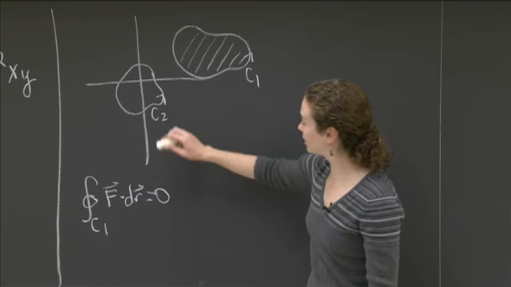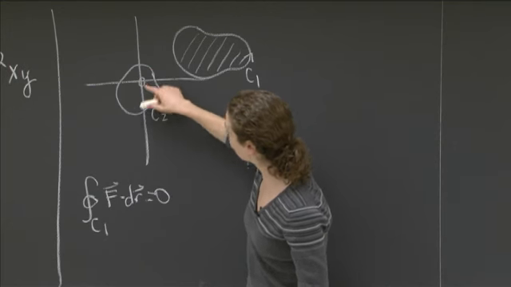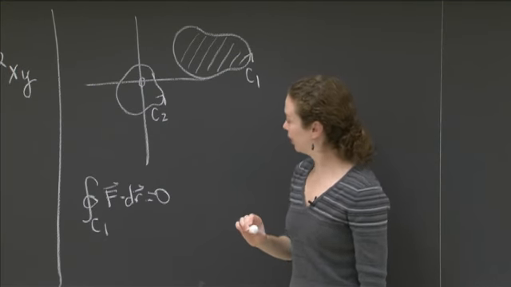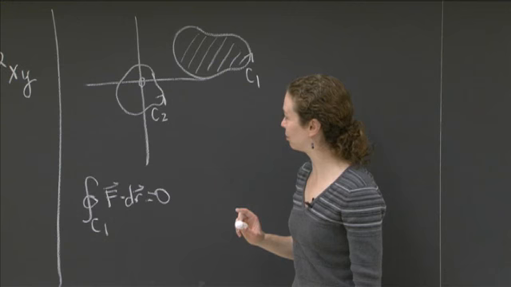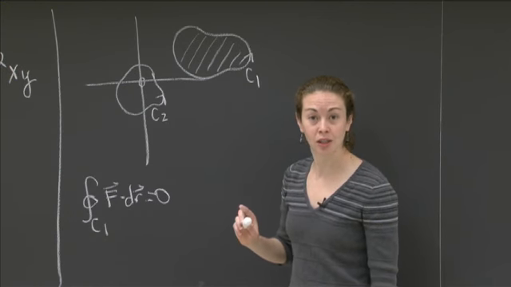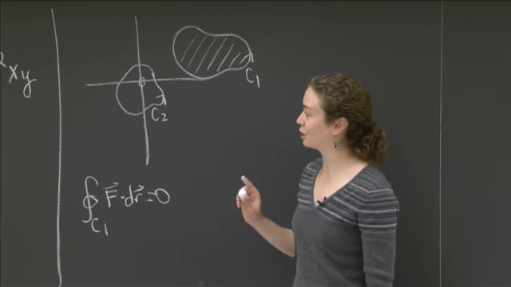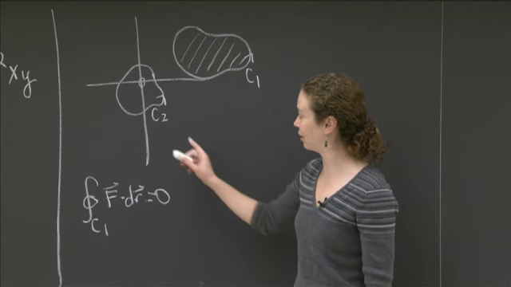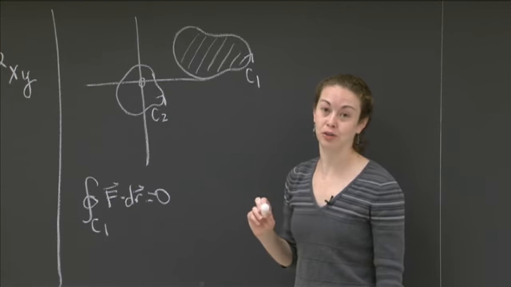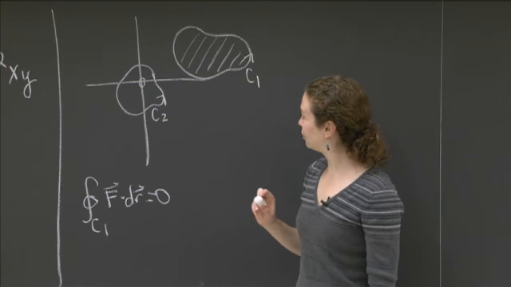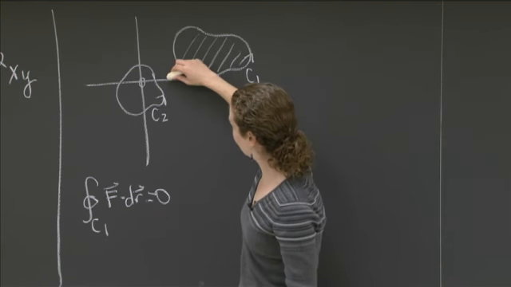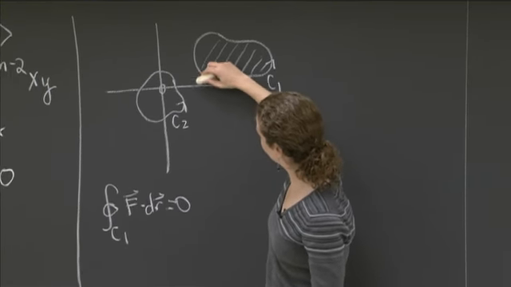Now the problem here is I can't apply Green's theorem to C2, because this origin is a trouble spot. I'm not necessarily differentiable there, so I have to be a little more careful. So I'm going to explain why I can immediately get that the integral over C2 is also 0. What I'm going to do is draw a circle that contains C2.